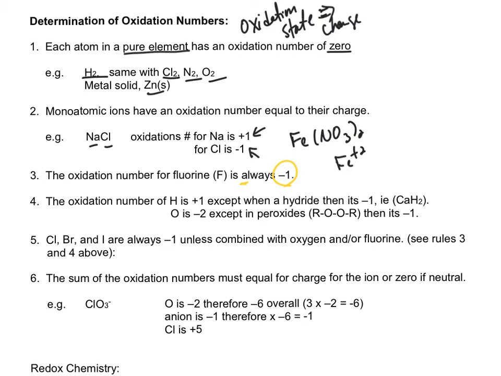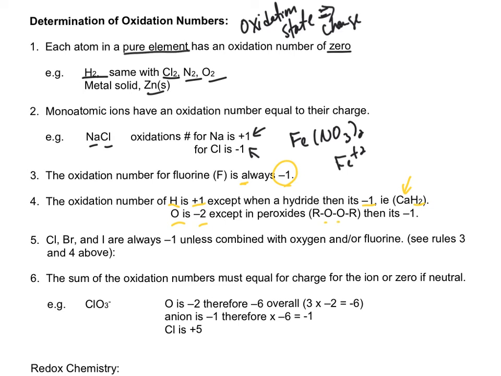So here we get into more of the exceptions. The oxidation number of hydrogen is +1 unless it's combined with a metal, and then it's -1. So we see how this is like Ca is first and then it's H2, that's when it would be -1. Oxygen is -2 except when you have 2 oxygens that are connected together.